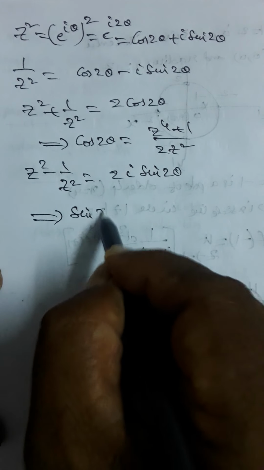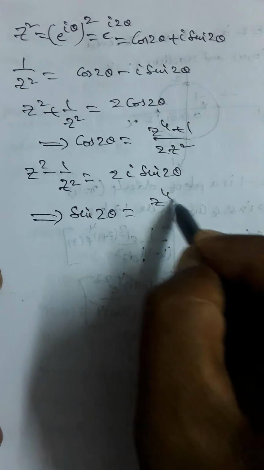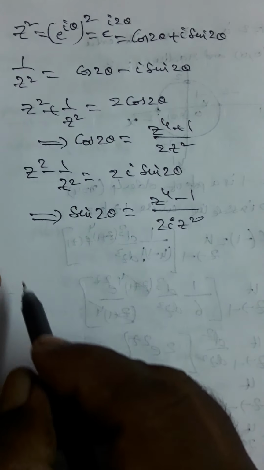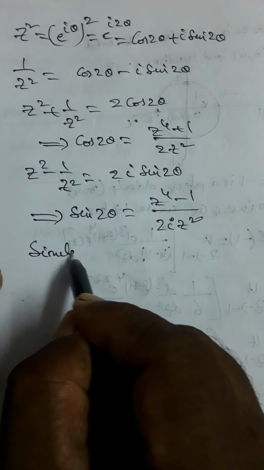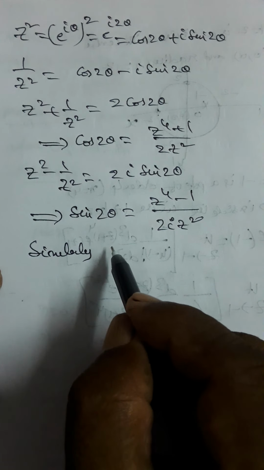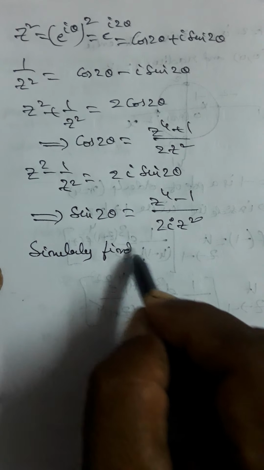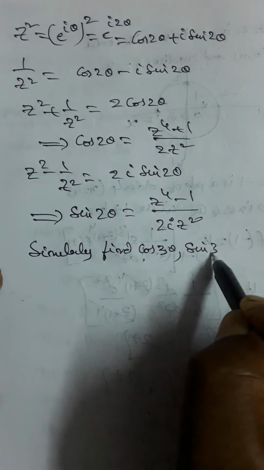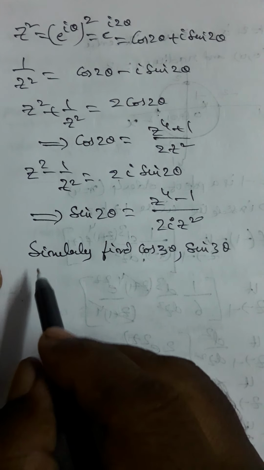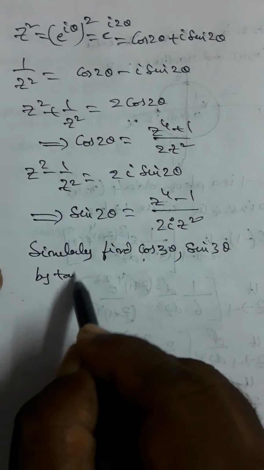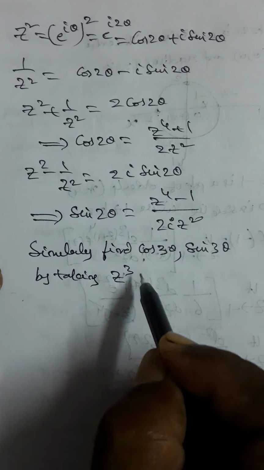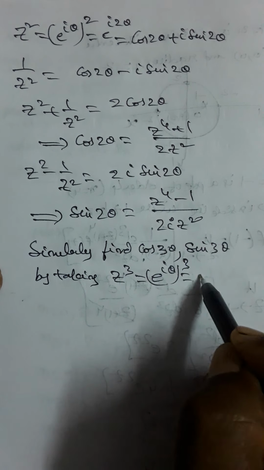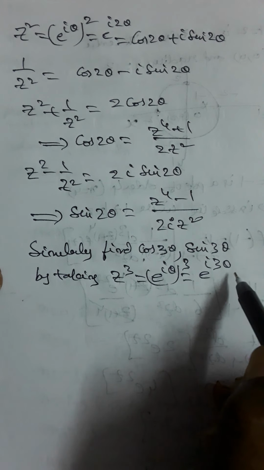From this, sin 2θ = (z^4-1)/(2iz^2). Similarly, find cos 3θ and sin 3θ by taking z^3 = (e^(iθ))^3 = e^(i3θ), and so on.